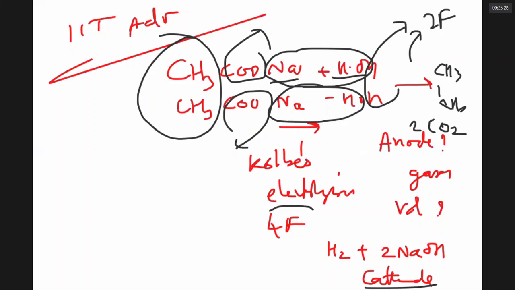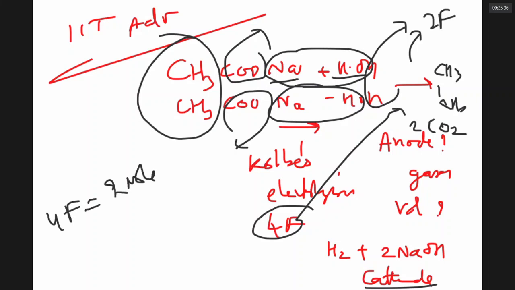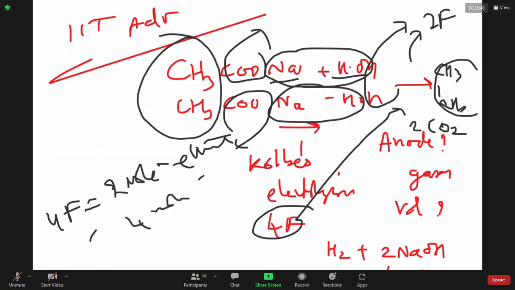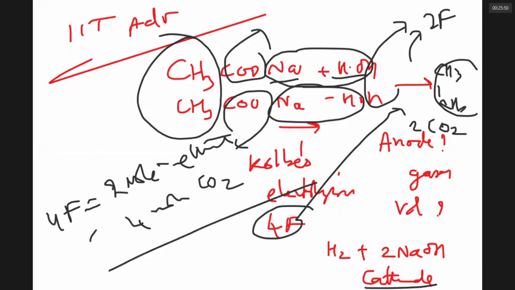For 4 Faradays, you get 2 moles ethane, 4 moles carbon dioxide. That's the answer. Is it confusing, sir?